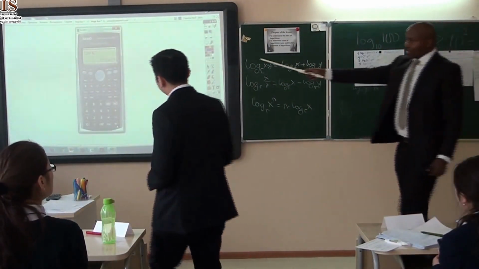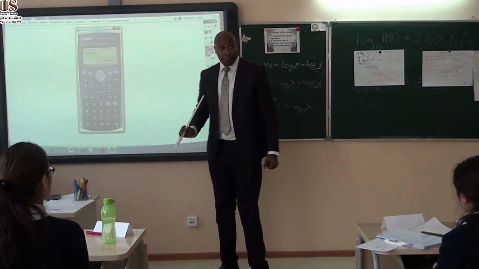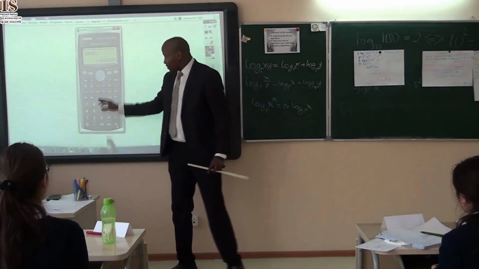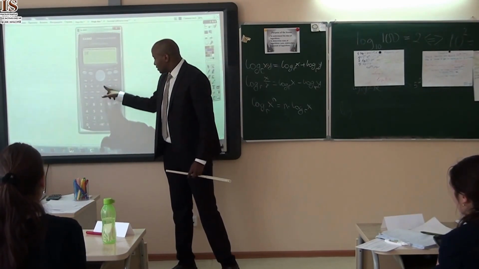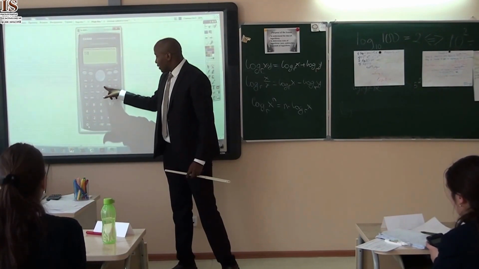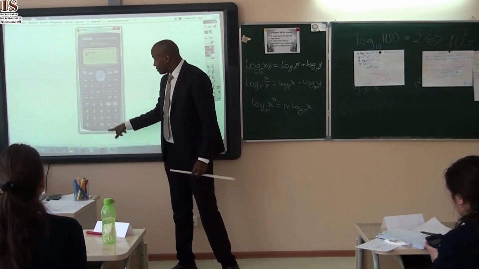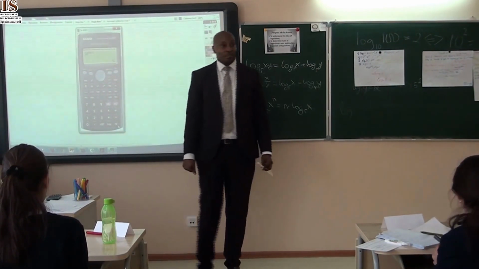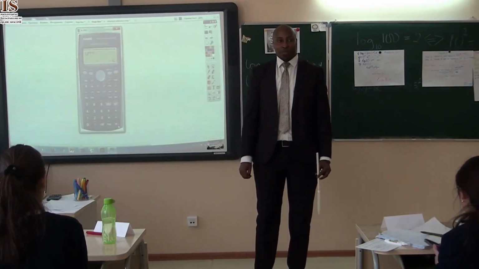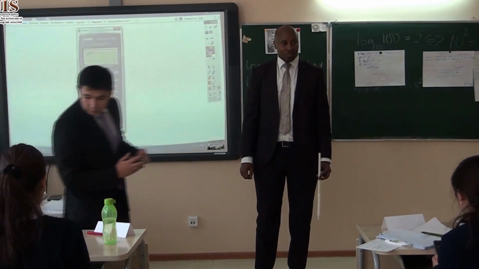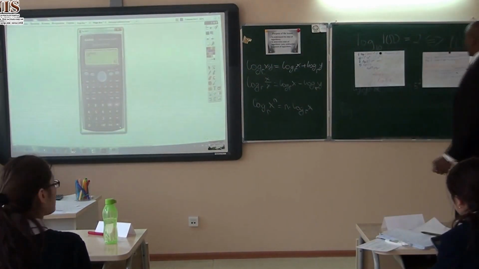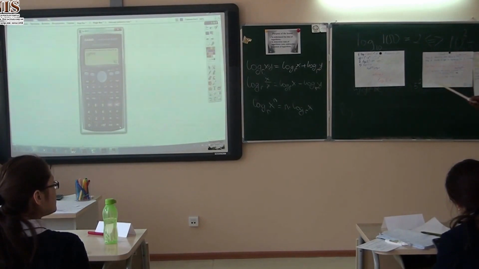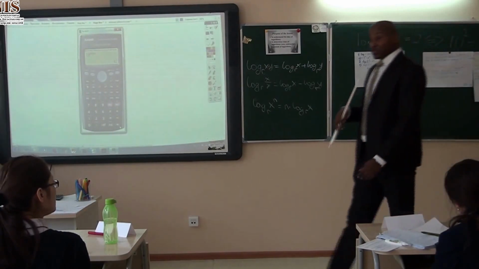Because we have the answer of 1.623, we're going to say 10, without removing the answer, 10 to the power of answer is equal to 42. That is because if 10 to the power of 1.623 is equal to 42, it means the log of 42 to the base of 10 is equal to 1.623.